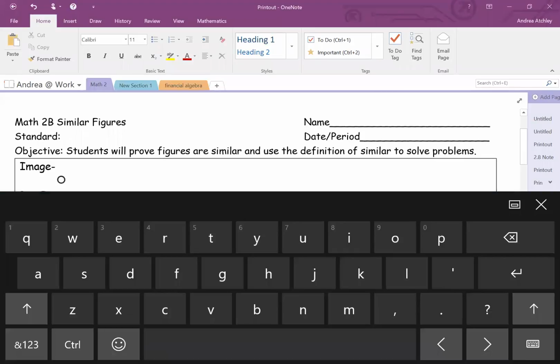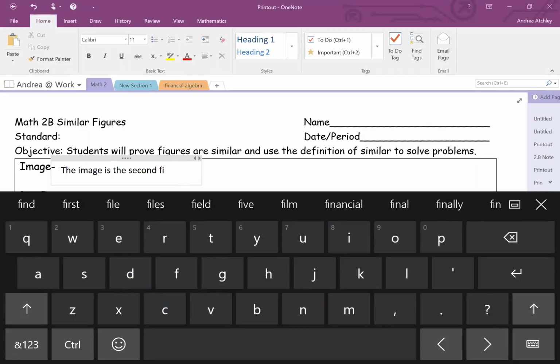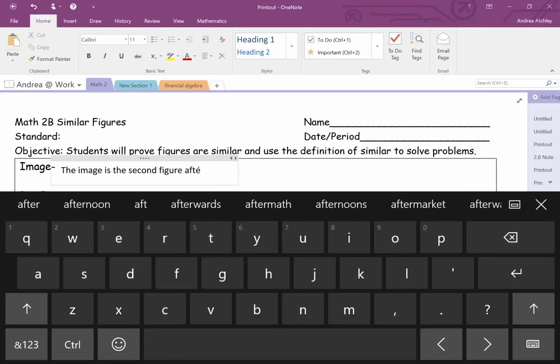Okay. Let's review what we talked about from 6.1. Okay, the image is the second figure, after the transformation.